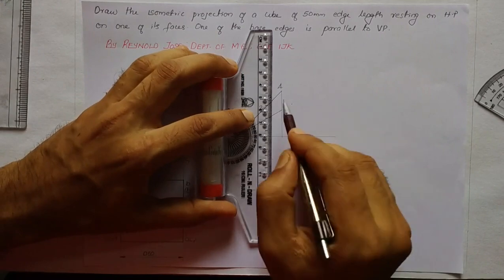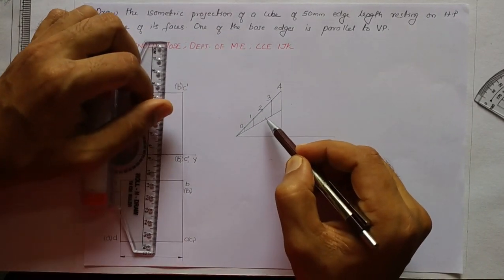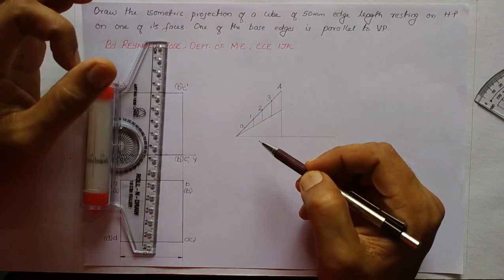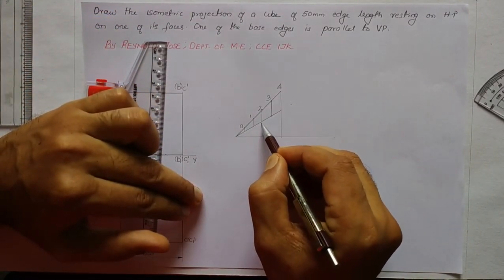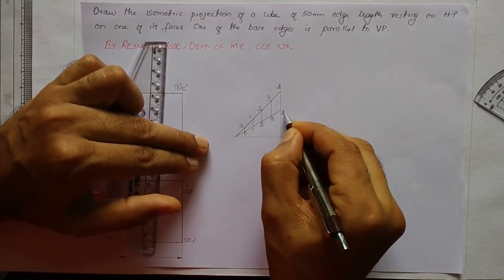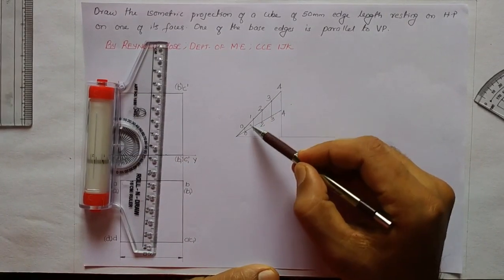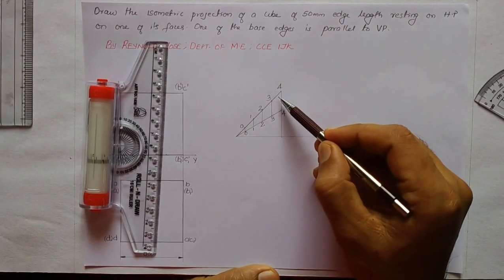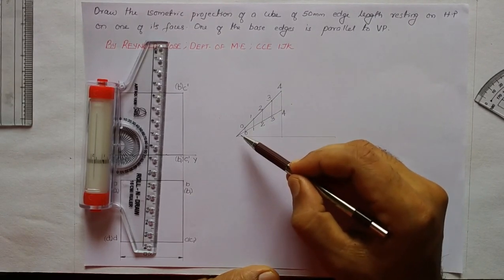We can draw these with a darkness of nearly type A lines, and we shall mark them as 0, 1, 2, 3 and 4. This 45-degree line has a total measurement of 50 mm. We have divided it into 5 equal parts, 10 mm each.